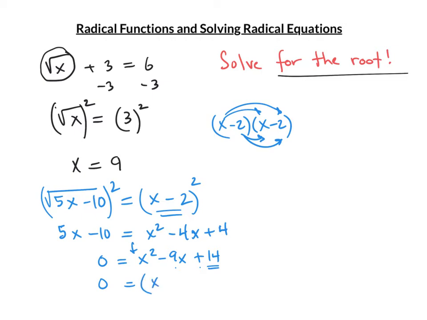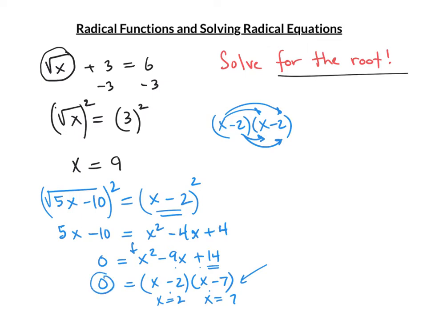And that would be x minus 2 times x minus 7. We can see right here that plugging in 2 makes 0, and plugging in 7 makes 0. And 0 times anything will make 0.